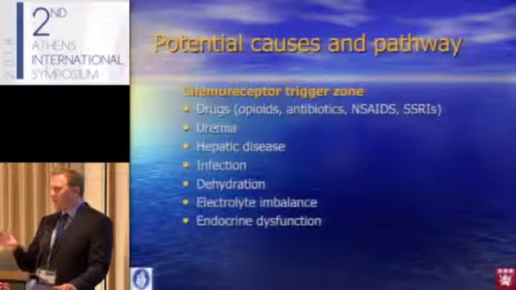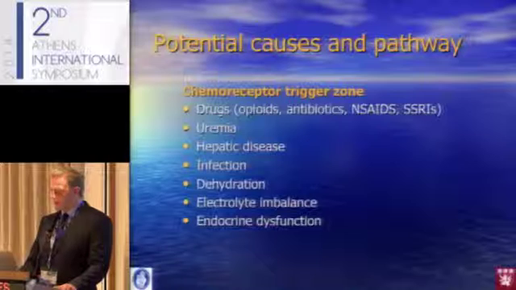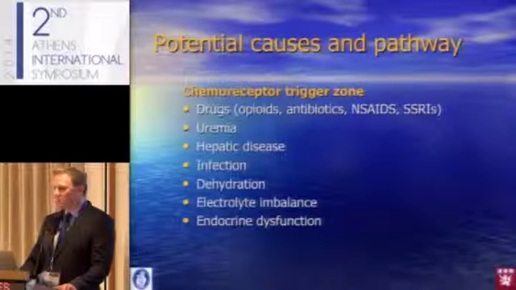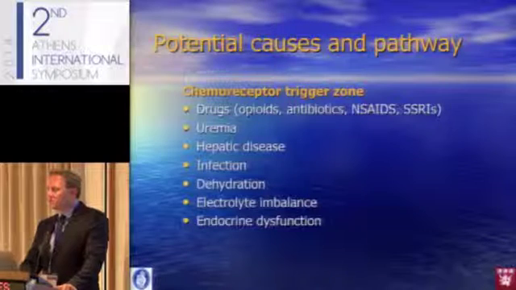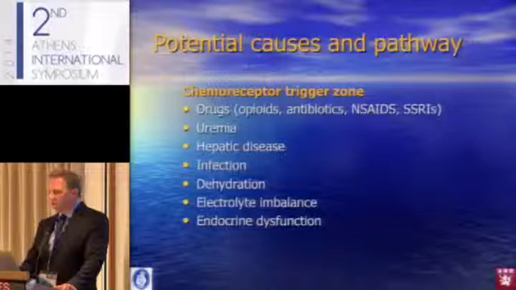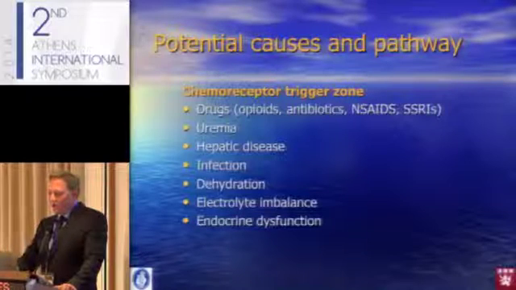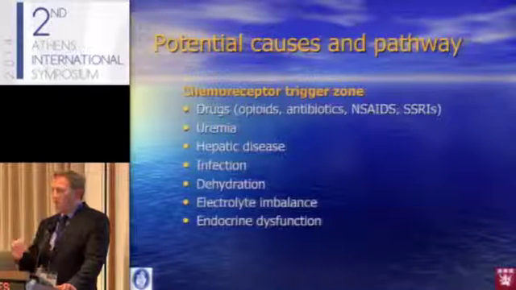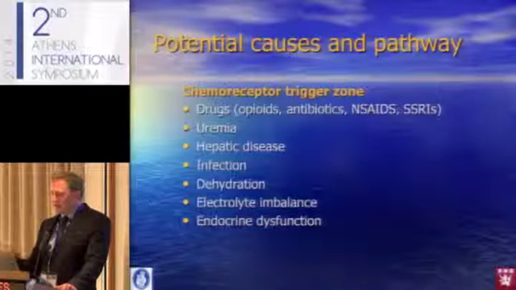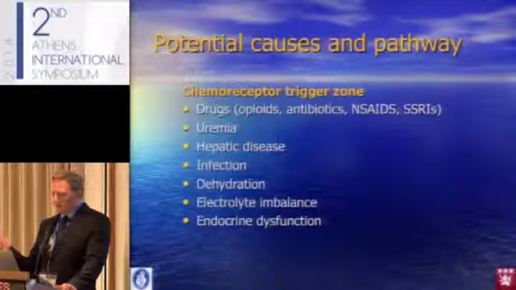The second zone in the brain that is important in the process of nausea and vomiting is the chemoreceptor trigger zone. It's the area postrema at the base of the 4th ventricle in the medulla of the brain. The etiology of nausea that is mostly affected by this system are drugs, most commonly opioids, but also antibiotics, NSAIDs, or selective serotonin reuptake inhibitors.